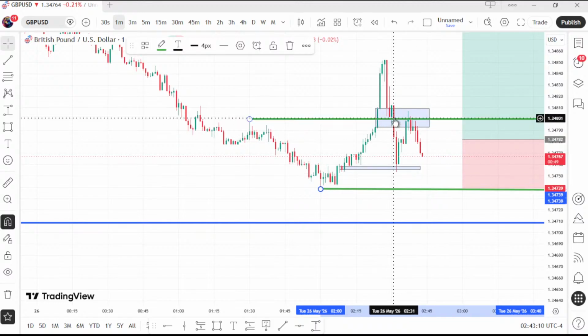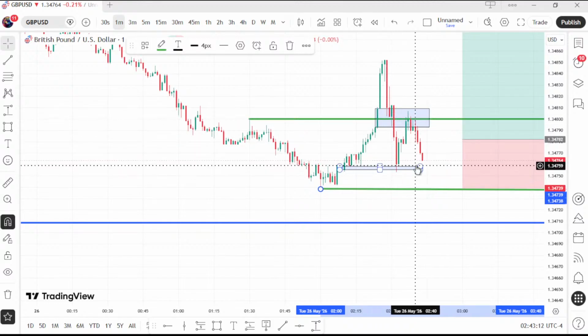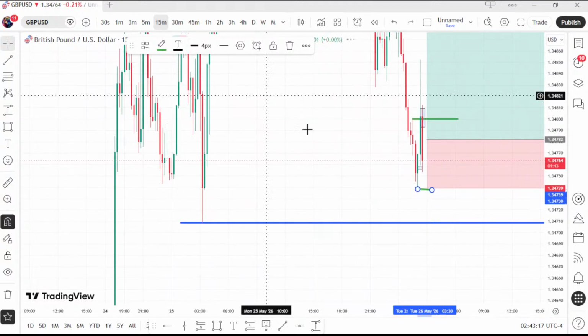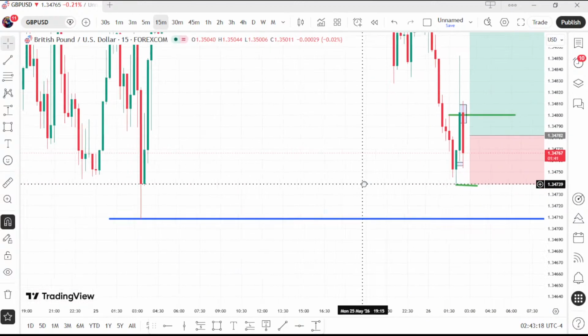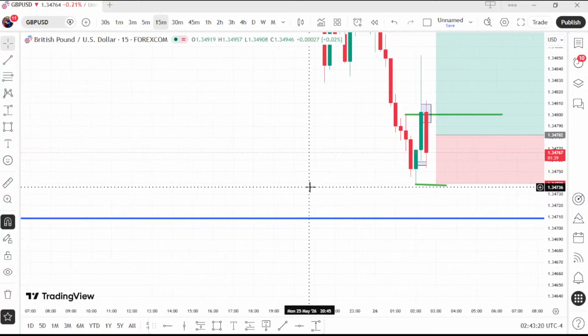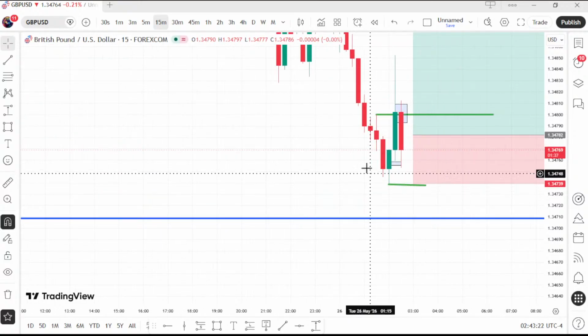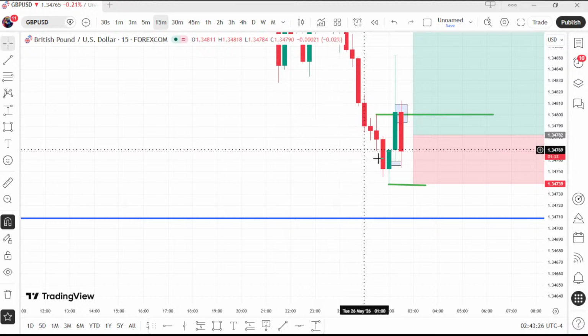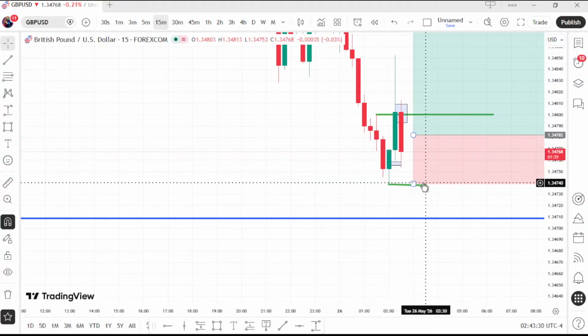You see this order block, the bearish order block, but let's watch it. You see that swing low that has been created in the 50-minute.